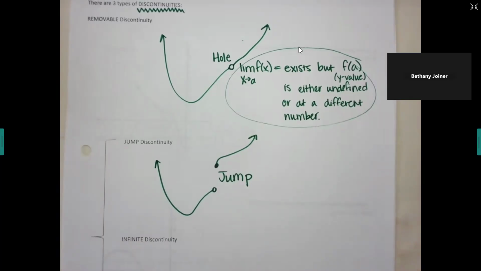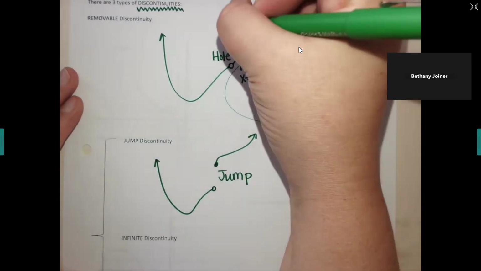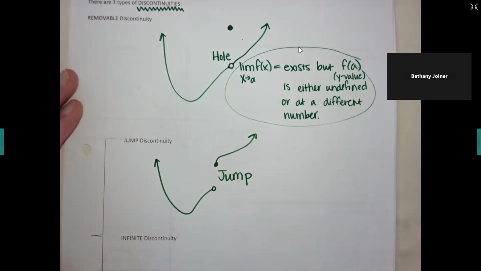Now, the way that I have this graph drawn right now, is the y value undefined, or at a different number? My limit's here. Do I have a closed dot elsewhere? No, because I didn't draw one. Now, let's say I wanted to. Then put your dot maybe up here. So now this would be the case where I have a limit, but my y value is at a different number. Versus if there's no dot anywhere, then you would say your y value doesn't exist.